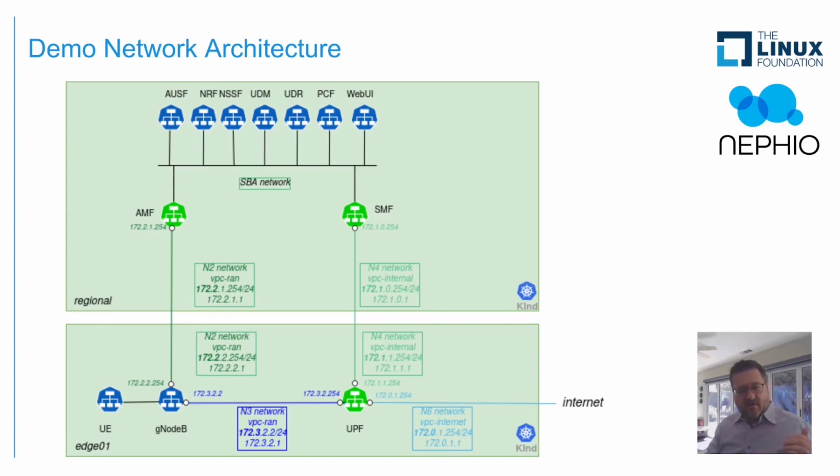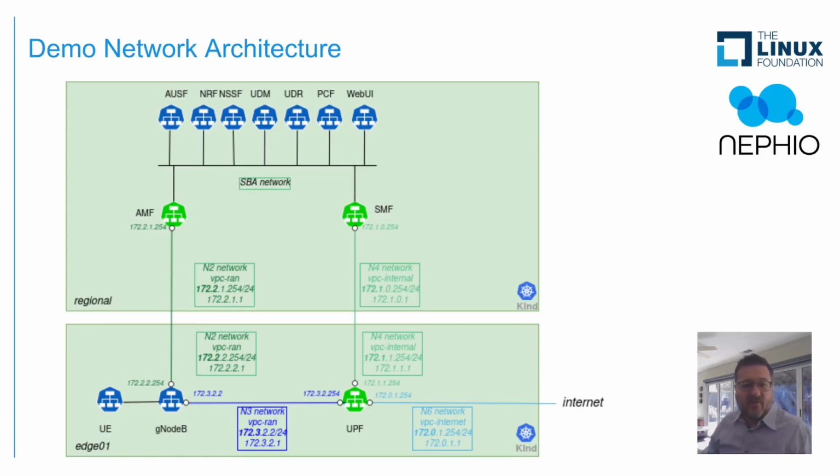The deployer deploys the system, and when Nephio picks which cluster a particular network function is going to land on, it can use the metadata that the deployer provided to say, oh, you want an IP address on the VPC RAN network in cluster 5. It goes and looks up in the IP address management system and can use that metadata to allocate that particular IP address and configure it for that particular cluster.